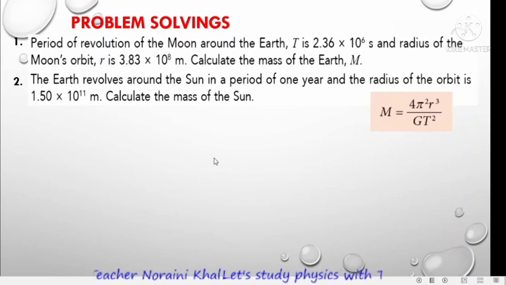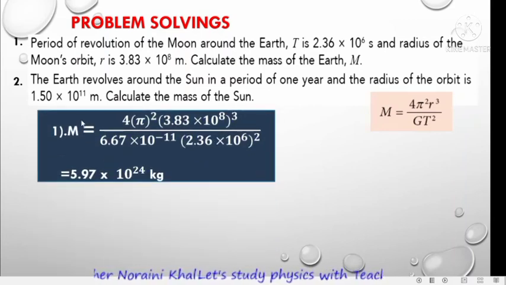Okay, let's look at number 1. Mass of the Earth, we use the formula 4 pi squared r cubed divided by G T squared. What is r here? R here is the radius of orbit, also known as the distance between the centers of two objects. And T here is the period of revolution.